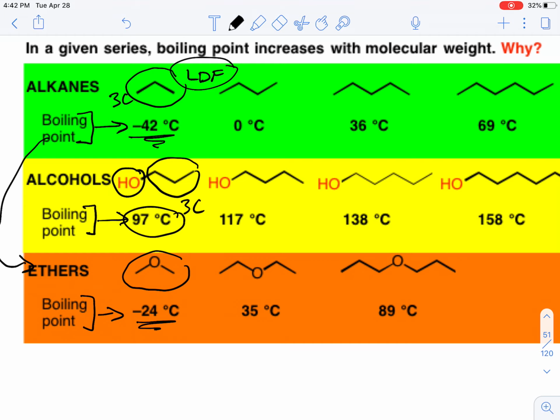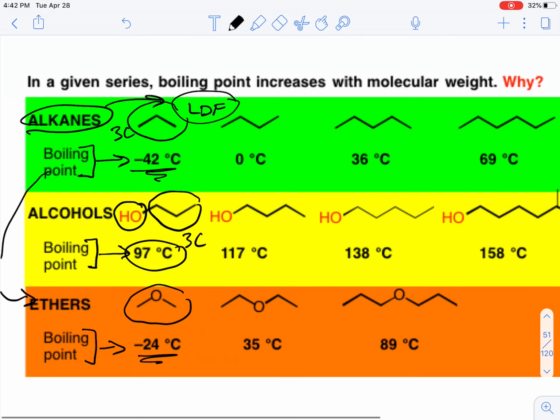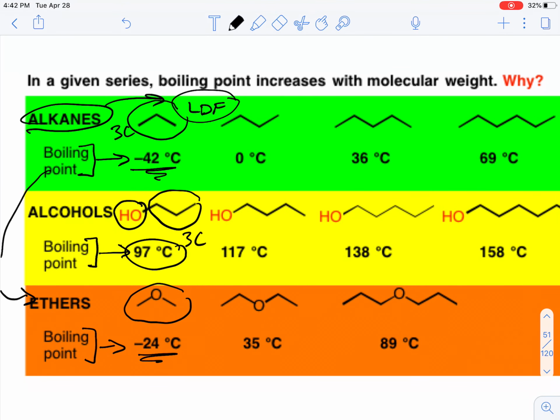Okay? And so this idea of intermolecular forces and how they translate into melting point and boiling point is something that we're going to explore continuously when we talk about one functional group to another. So keep that in the back of your mind. Alkanes only exhibit London dispersion forces, and we're talking about pure substances here, right? We're not talking about a mixture of alkanes and ethers.